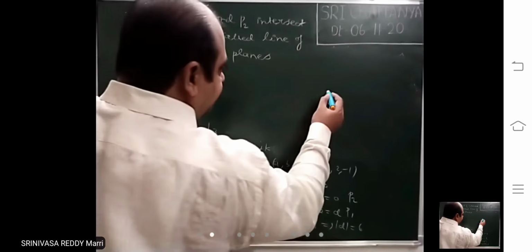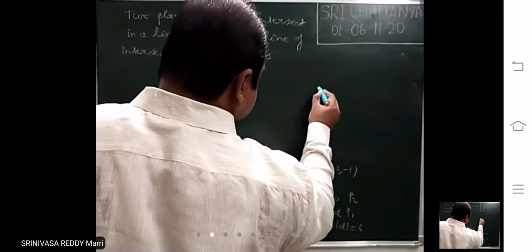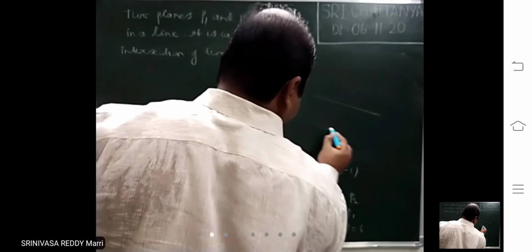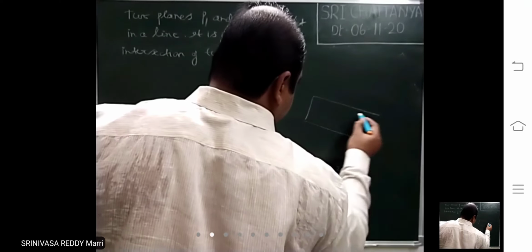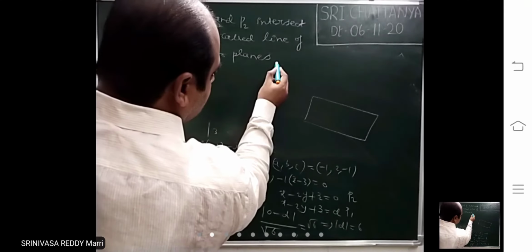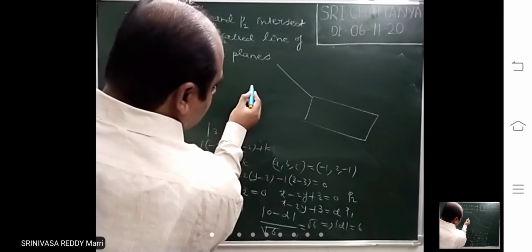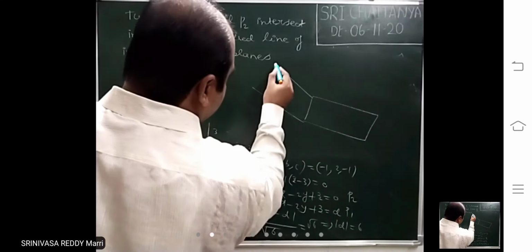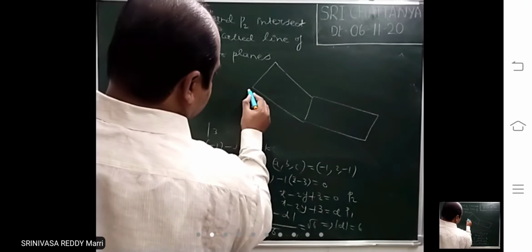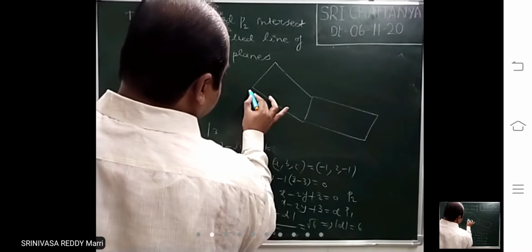Look at it. Two planes are there like this. Let us say this is how I am representing the planes: plane 1, plane 2. These are two planes.